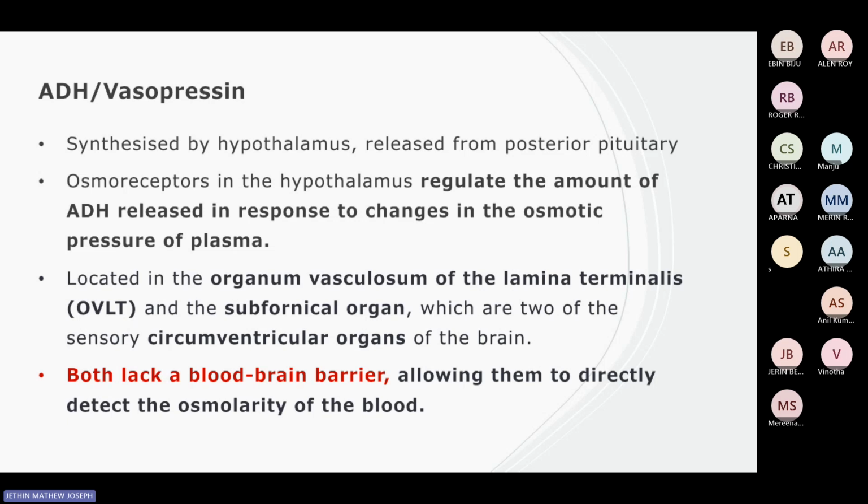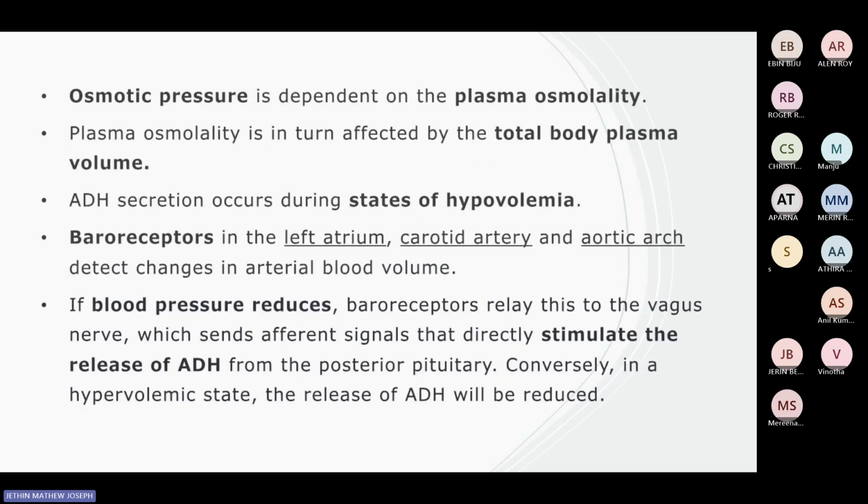These osmoreceptors are in direct contact with the blood. Since there is a lack of blood-brain barrier here, the osmoreceptors can directly detect the osmolality of the blood. This is how the hypothalamus is able to release ADH in response to plasma osmolality.